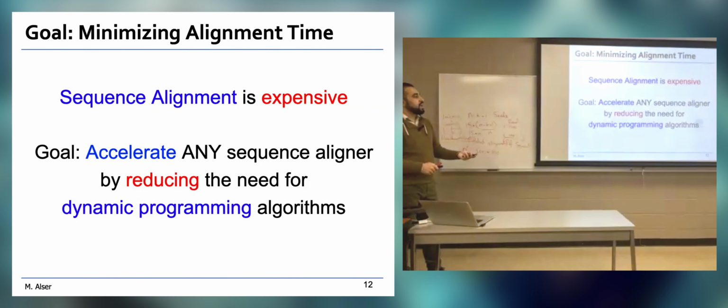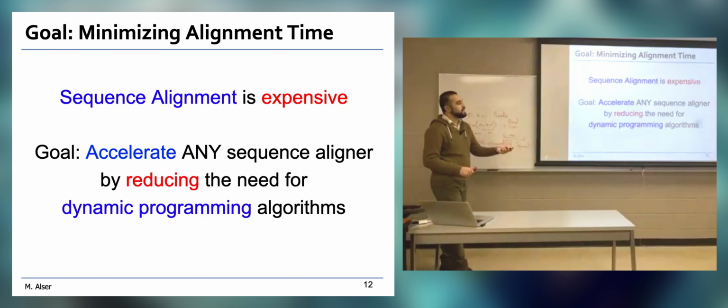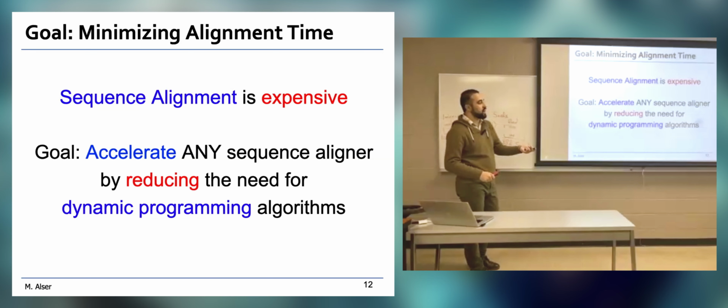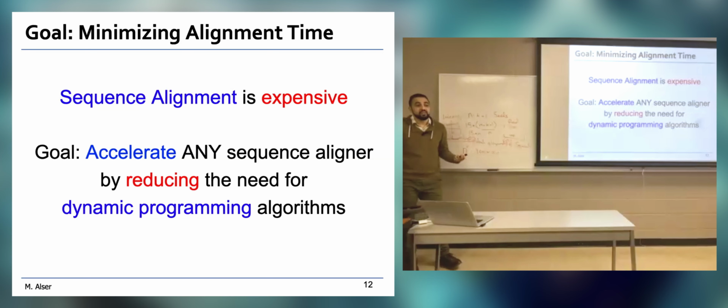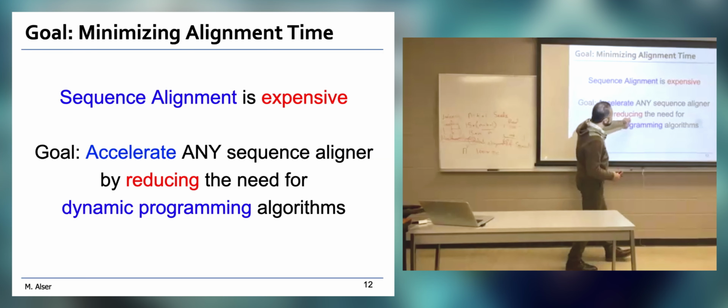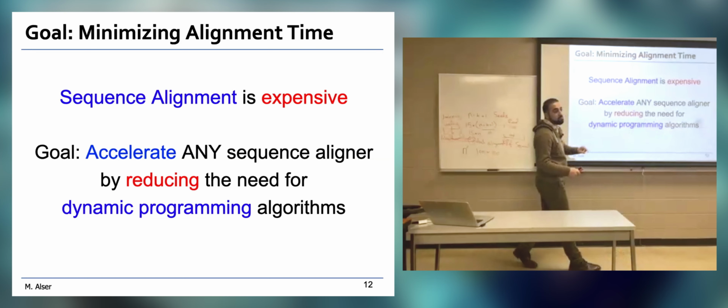But this is another approach to accelerate that problem, which is to accelerate any sequence aligner by reducing the need for the dynamic programming algorithm. What does it mean? It means we are going to reduce only the need for the dynamic programming.